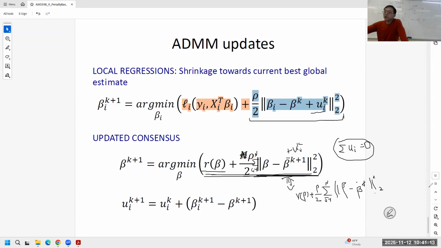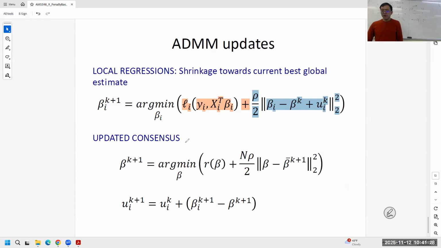So the u_i can be eliminated from your minimization. You can verify this by yourself. It is a very easy verification.